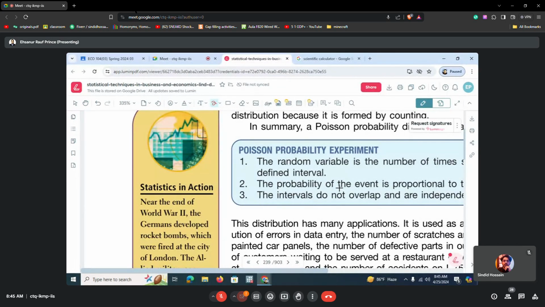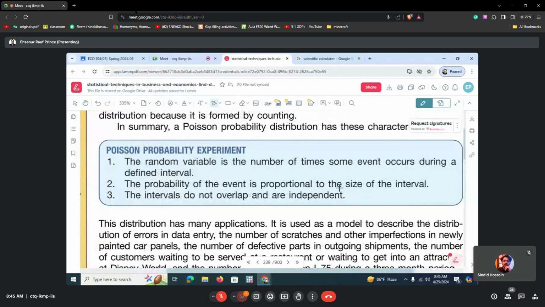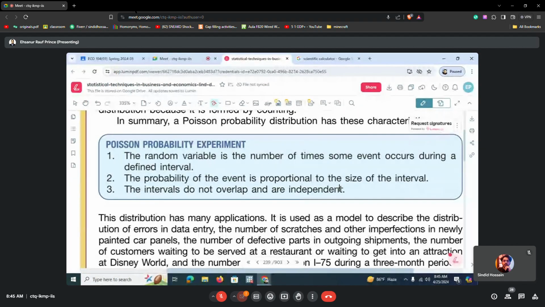Similarly, you also need to study the properties or features of Poisson probability experiment.